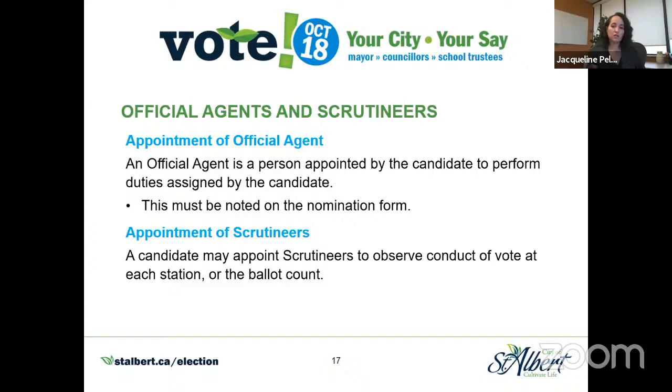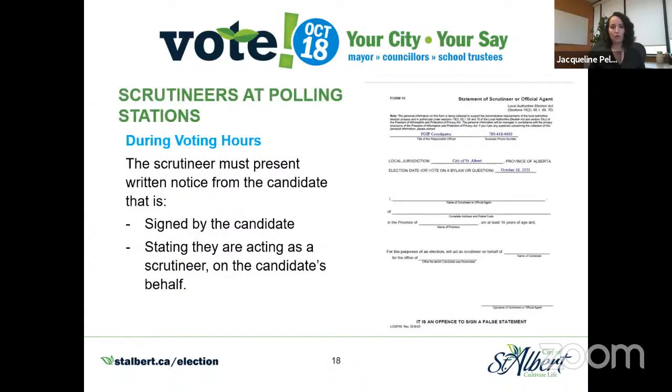The scrutineer, on the other hand, is a position only active during voting. They are also appointed by the candidate and they're there to observe the conduct of the votes at each station or the ballot count. So at any voting location, candidates or scrutineers or their agents who are representing the candidate can observe the voting process.